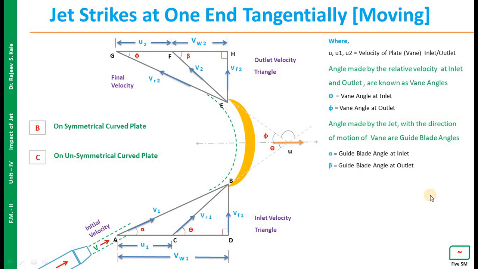Now you remember this term throughout the unit, we require this. Alpha and beta are the guide blade angles at inlet and outlet made by the velocity component of the jet. Relative velocity components VR1 and VR2, theta and phi. Velocity of jet V1 and V2.